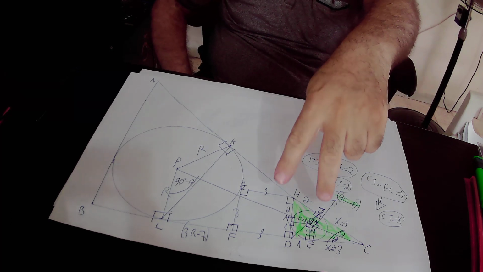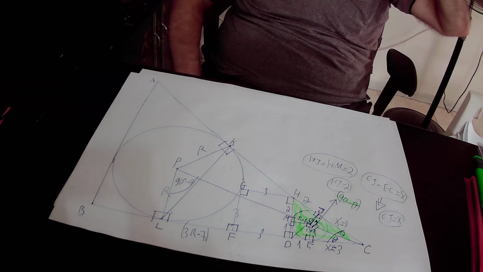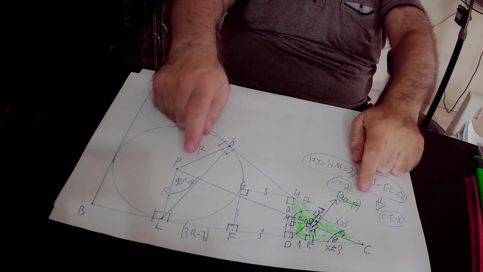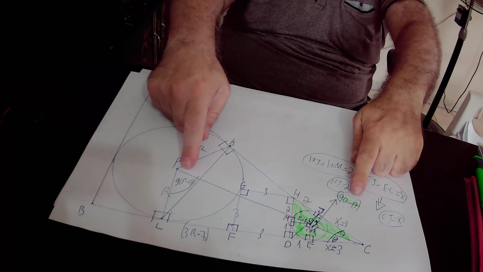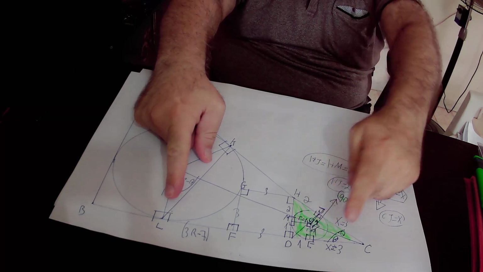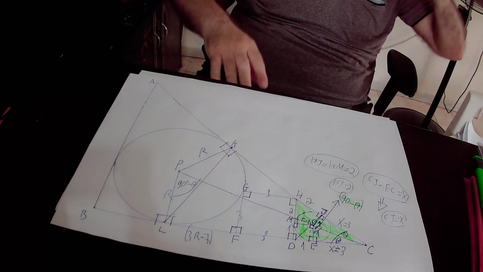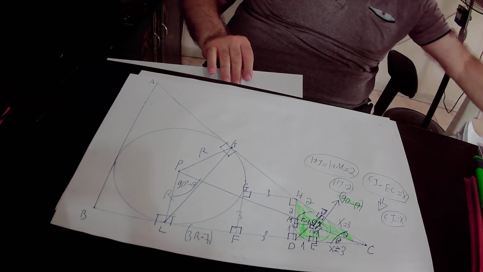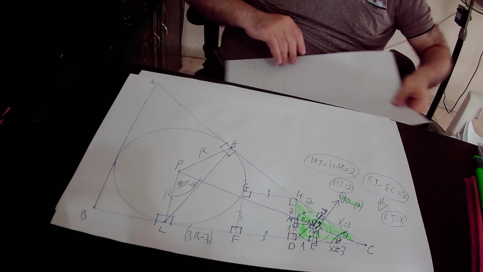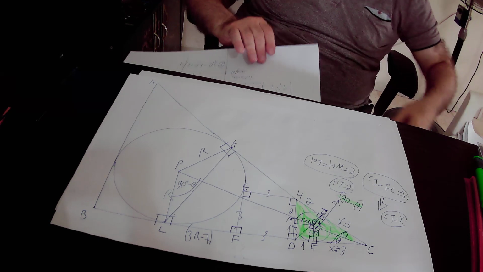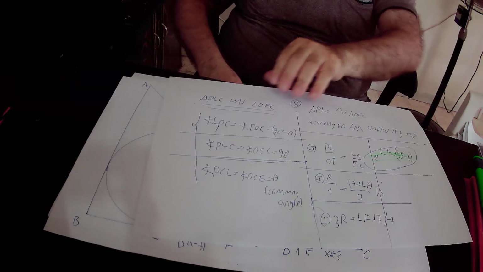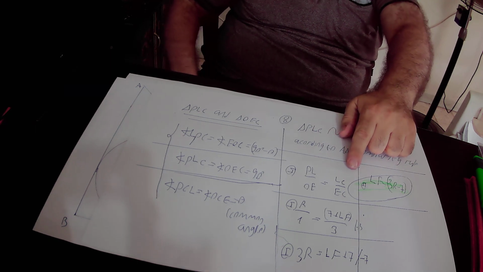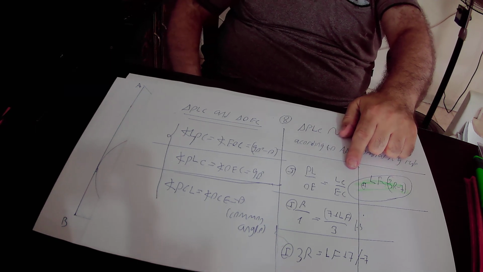Then we prove that those two triangles are similar to each other according to the angle-angle rule. Those two angles are both equal to 90 degrees minus theta, those two angles are both equal to 90 degrees, and angle theta is a common angle. And from the fact that the two right triangles are similar to each other, we derive that PL over OE equals LC over EC.